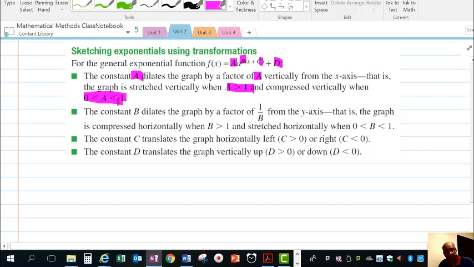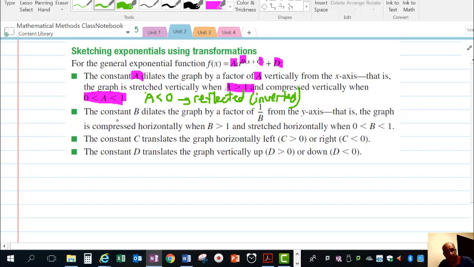If a is negative, it is reflected. So if a is less than 0, that's reflected or inverted in the x-axis, like we saw just then.